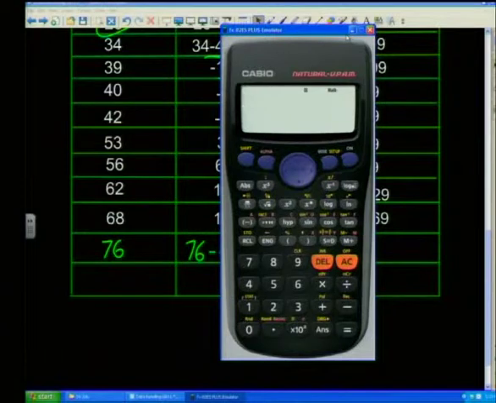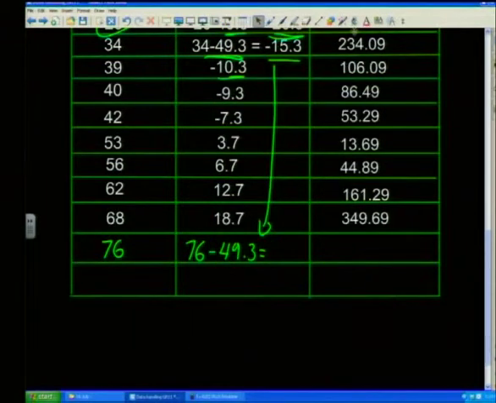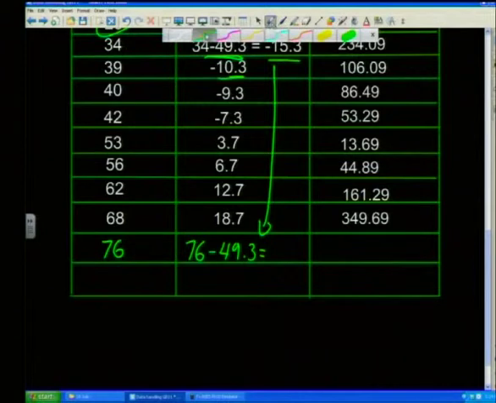So it's 76 minus 49,3, and we get 26,7. So on our table, we're going to put the difference down, which is 26,7.